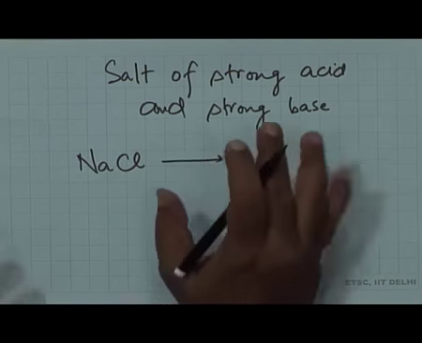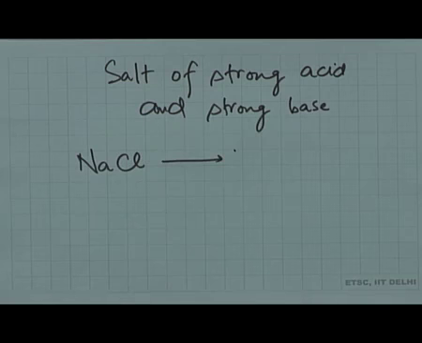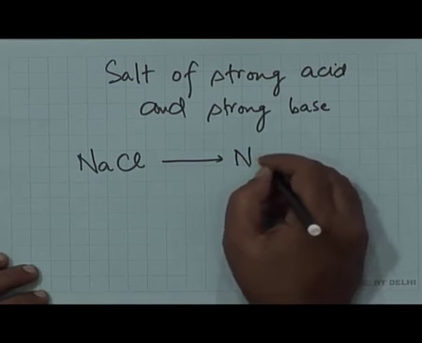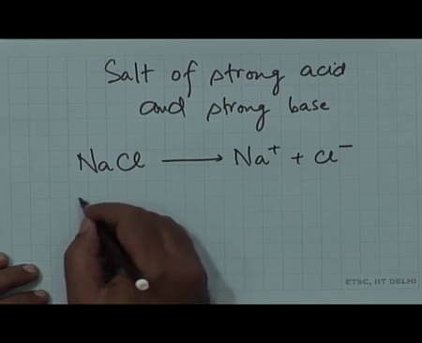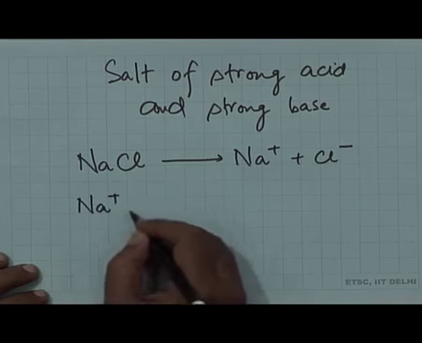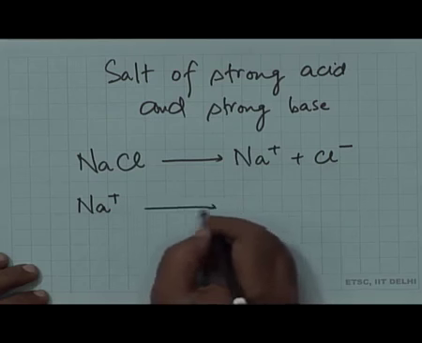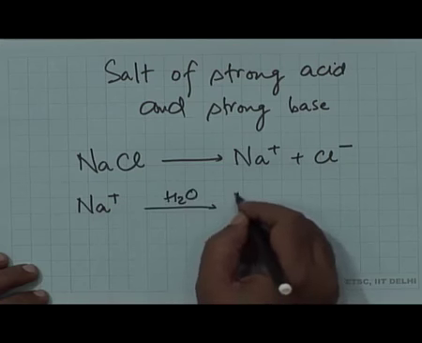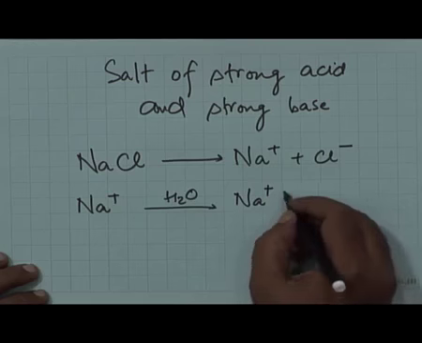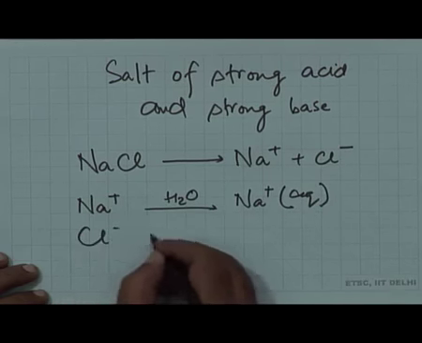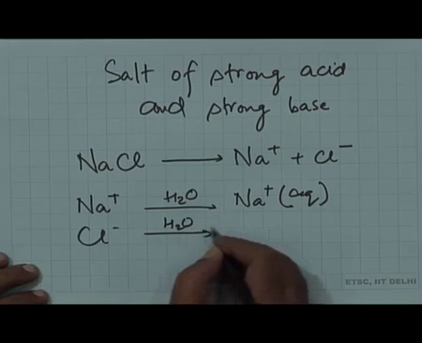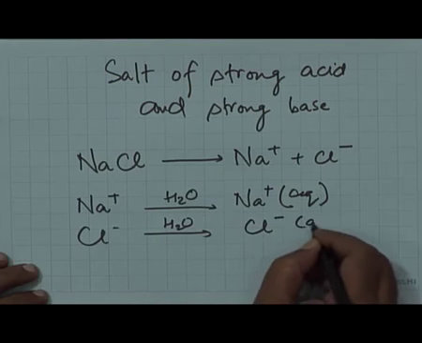All soluble salts are strong electrolytes. So, we can simply write Na plus Cl minus. And now, how does Na plus behave in the presence of water? It simply gets hydrated, Na plus aqueous, and Cl minus, again with H2O, Cl minus aqueous.